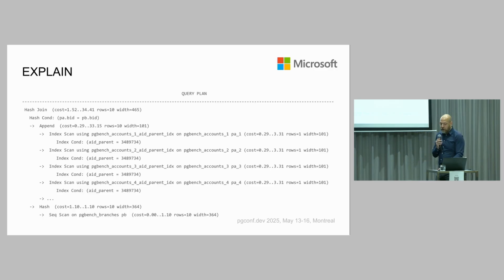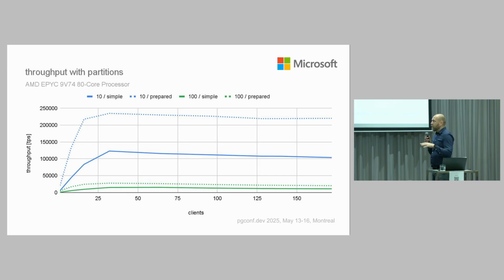But what the customers are actually seeing is something like this. And let's look at just the solid lines here, right? Those are the simple protocol. If you do the prepared statements, you will see the dashed lines, but the pattern is exactly the same. And what they saw is that after maybe 30 clients, there was no improvement in throughput, right? The performance was essentially flatlining, nothing was improving. Which is a bit sad because this machine had like 100 cores, right?